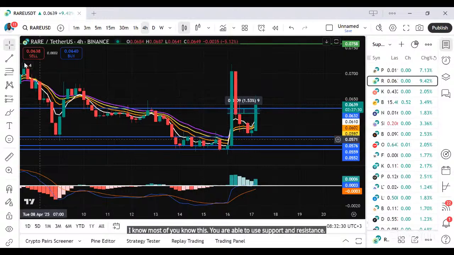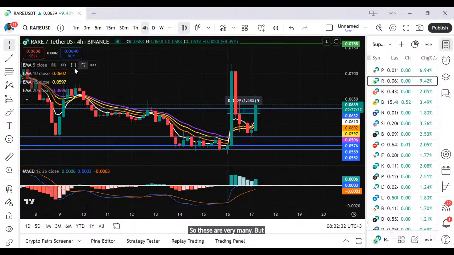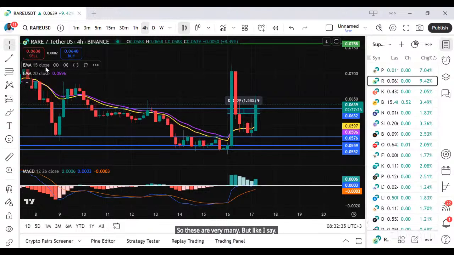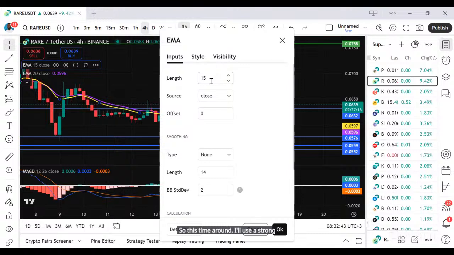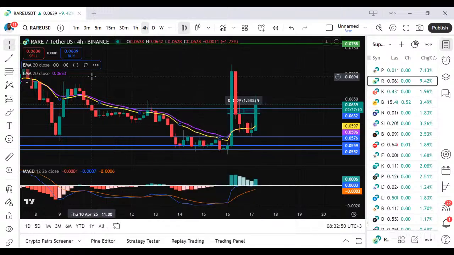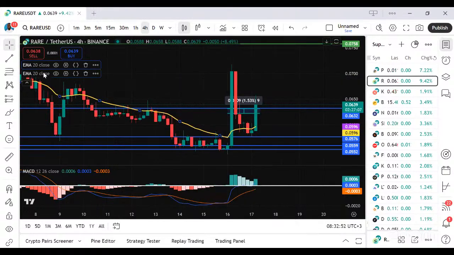So these are very many, but like I said, you can even change your approach. Let me use two moving averages, for example. This time round, I'll use a strong moving average of 20, and also I'll bring in another moving average of 200.